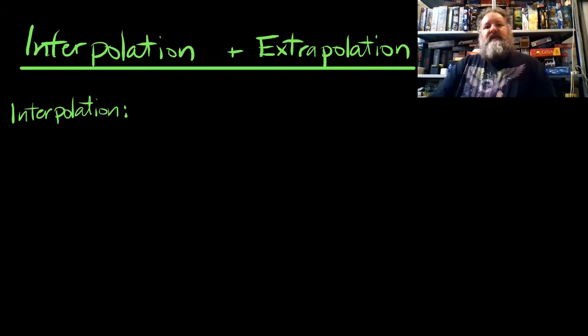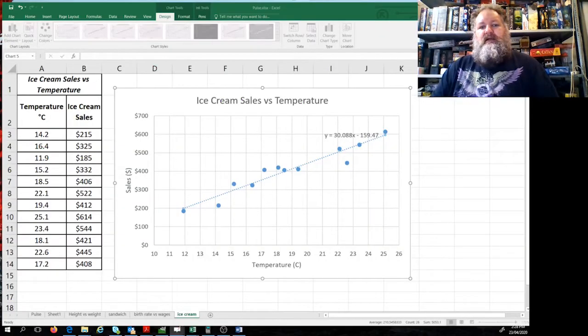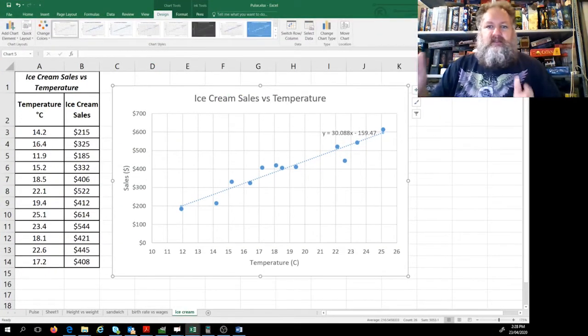Okay, so interpolation is where we think about a number that is inside the range of data that we are already dealing with, like this 21. On the screen over here, you can see that 21 is within the range of the data that we've been dealing with.